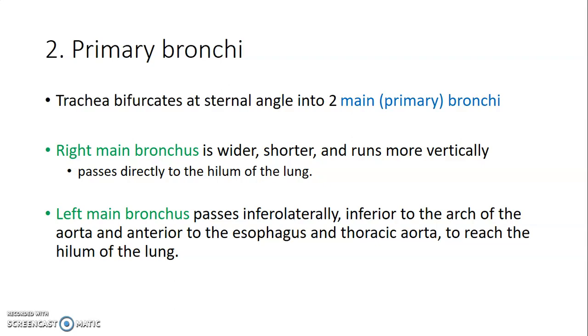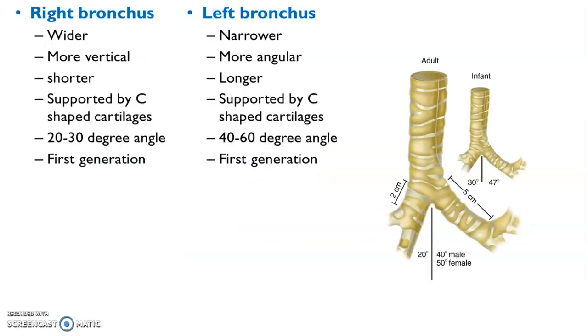So it makes it, it's not more vertical, it has a longer course. So it goes inferolaterally, then passes inferior to the arch of the aorta, then goes anterior to the esophagus and the thoracic aorta before it reaches the hilum of the left lung. So this is the right main bronchus and the left main bronchus.